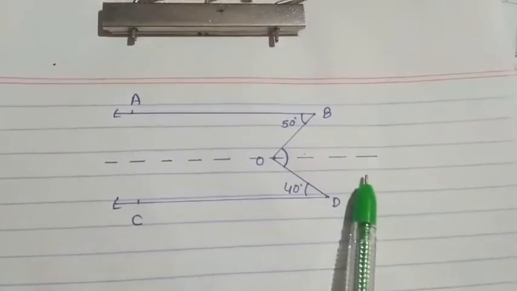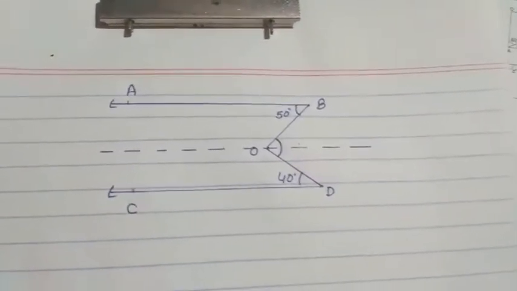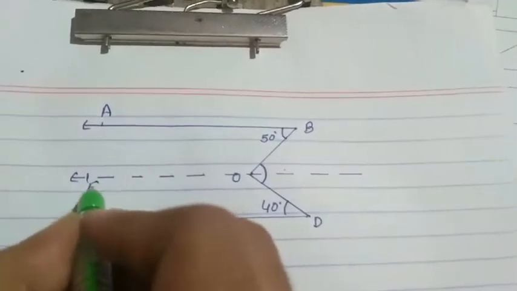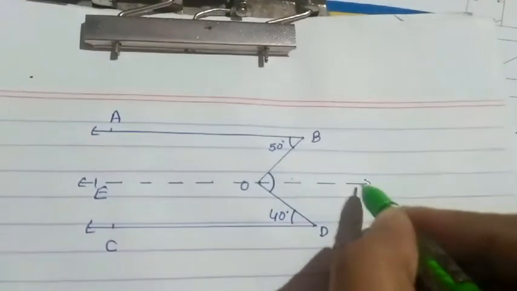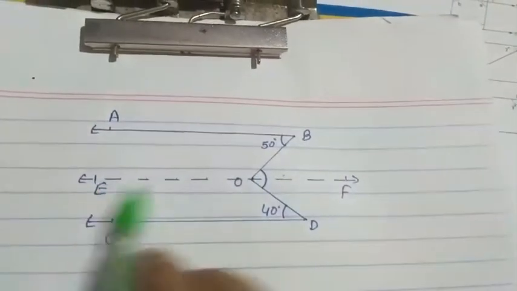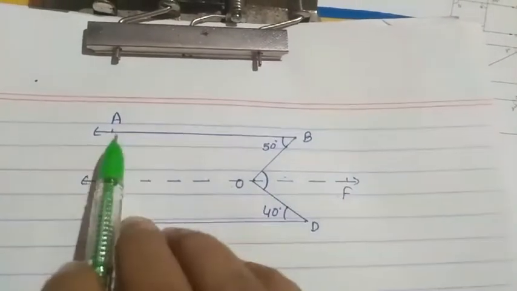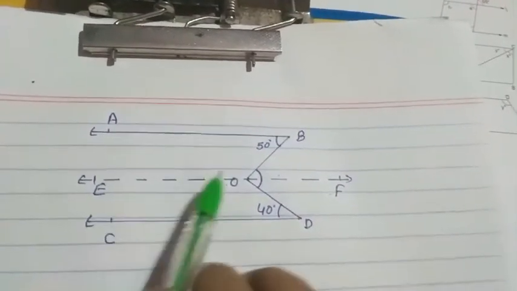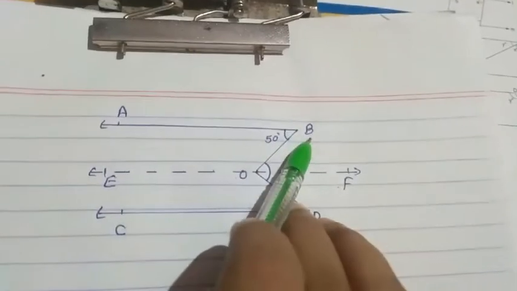Now give this line a name: this is E, O, and here is F. So EOF is parallel to AB. I did one construction: EOF parallel to AB.